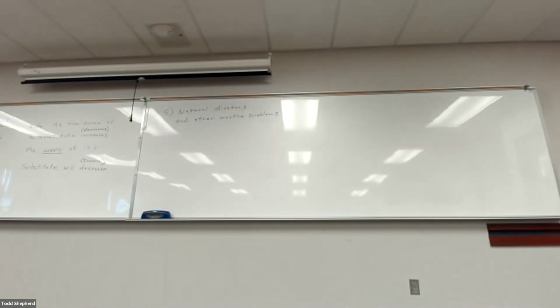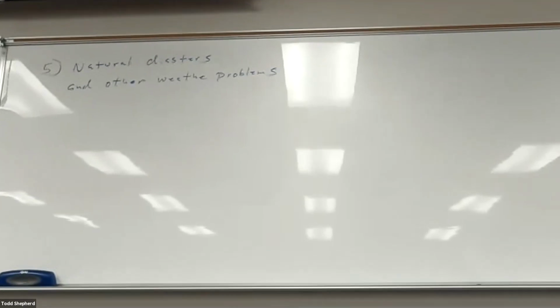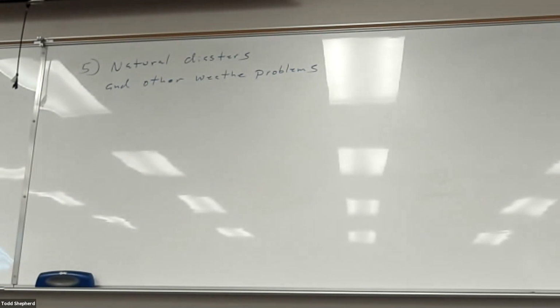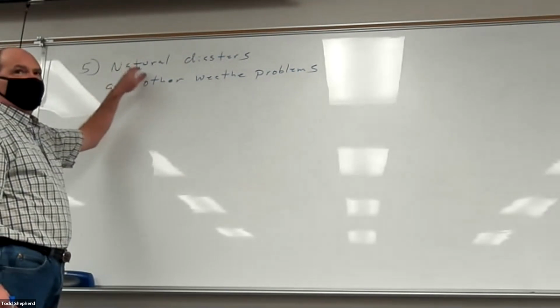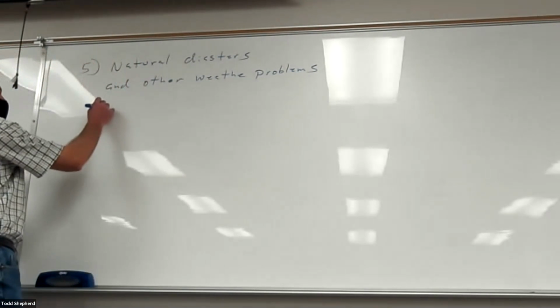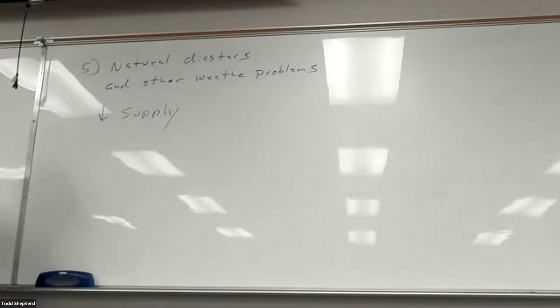Looking at the way I have it written, natural disasters, other weather problems, it just looks like that can't be anything good, which it isn't. So when you have natural disasters, hurricanes, early frost, floods, what have you, any other weather problems, that's always going to decrease supply. Whether it be manufacturing, we're not just talking about commodities.